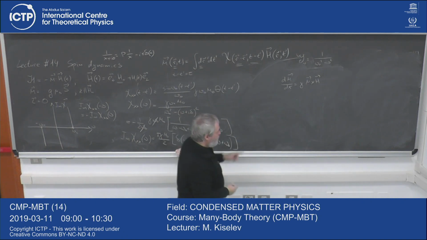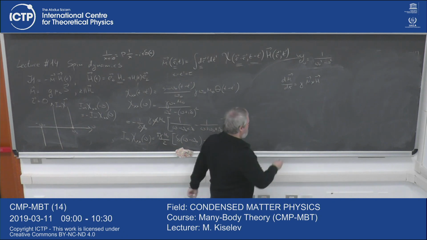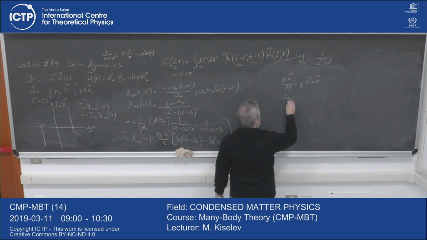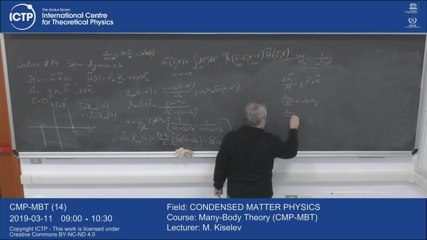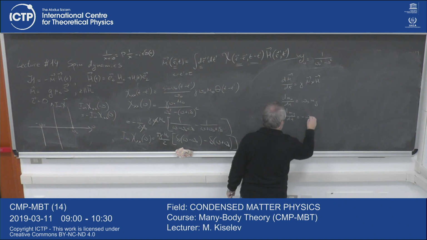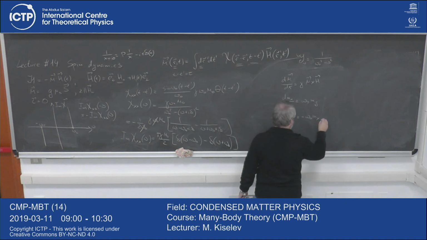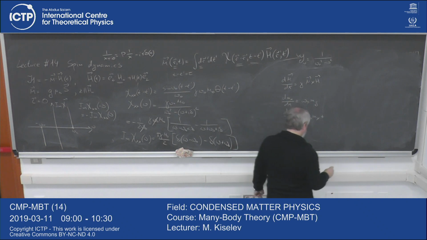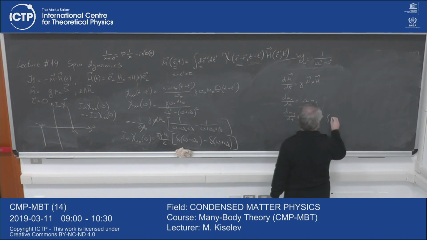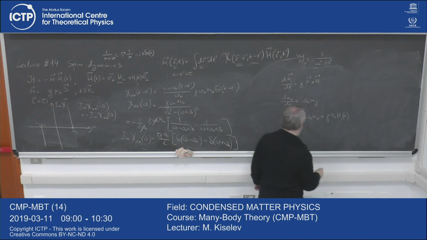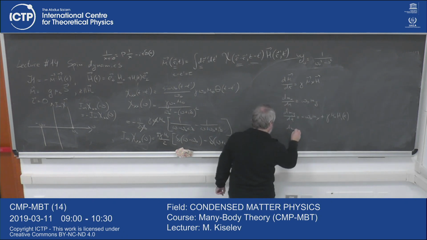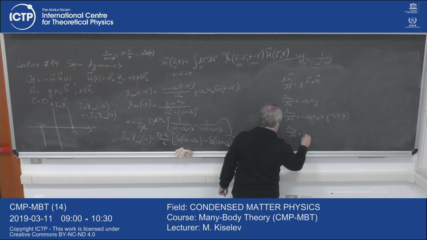So, this was my gyroscope equation without dissipation, which in components is dm x over dt equals omega naught m y, dm y over dt equals minus omega naught m x plus gamma m naught h1 of t, and dm z over dt is equal to 0.